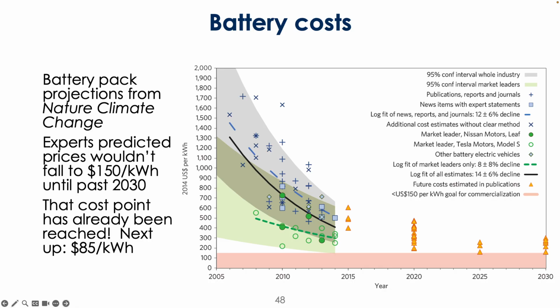And they basically said, okay, can you predict what battery prices will look like over the next 10, 15 years, right? And so everything that's shaded to the left, that's all actual data of costs of batteries.